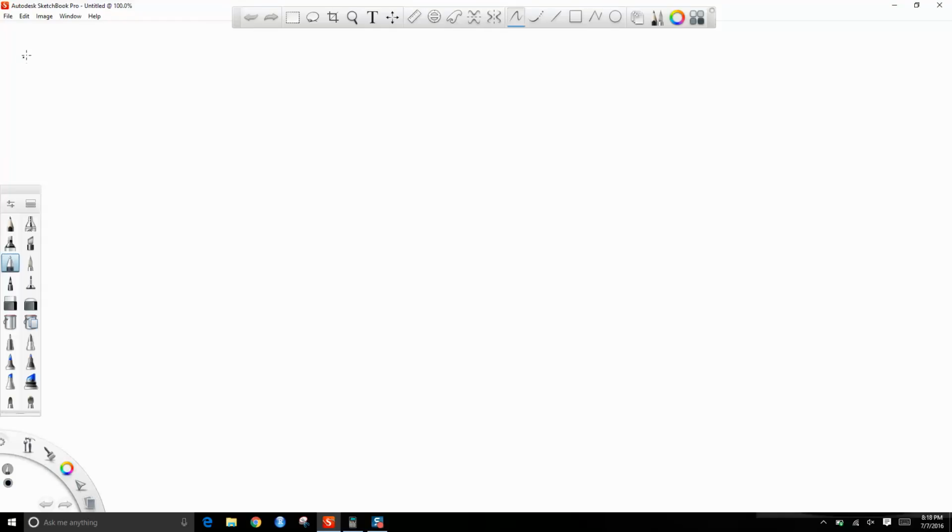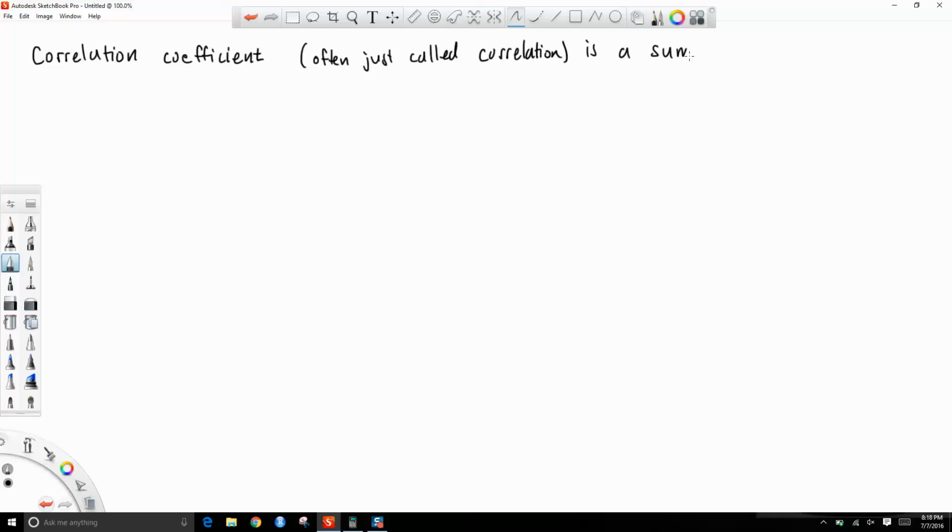Okay, so much in the same way that the standard deviation or the IQR gives a quantity to the idea of spread, the correlation coefficient, or often just called correlation, okay, is a summary statistic that assigns a value to the strength and direction of a linear relationship.